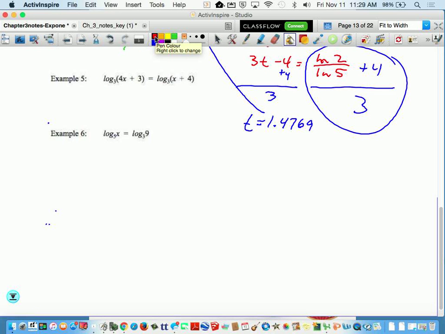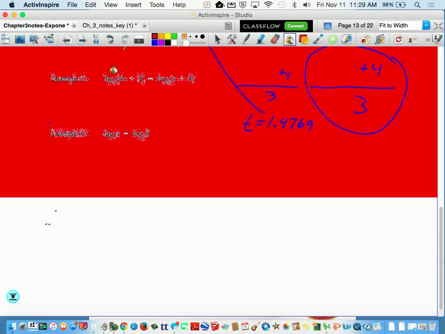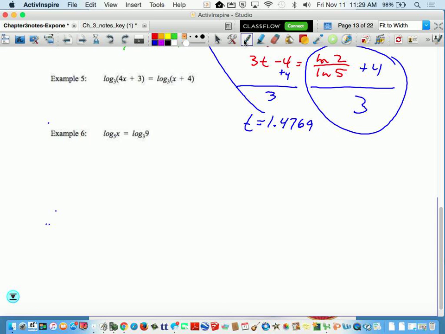This one's not as bad as it looks because we're starting with the log base 3 on both sides. Those two things are the same. So what do you know about these two things? They're the same. So you take your 4x plus 3 and you set it equal to x plus 4.